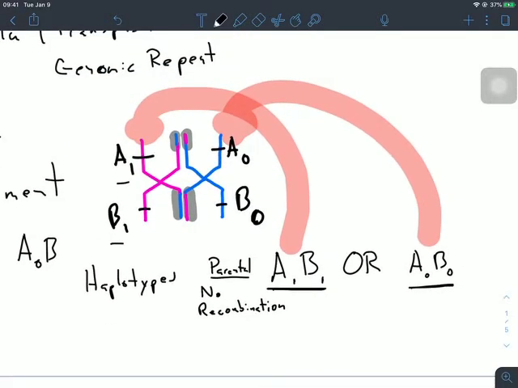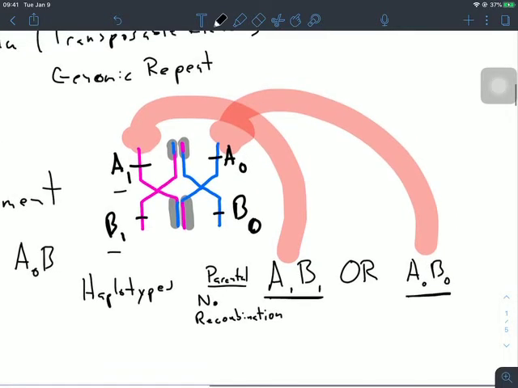Now, however, you do know that recombination can occur, and this is the crux of our entire lecture today. Recombination can occur between these genes that are found on the same chromosome, between these genes that are in linkage.